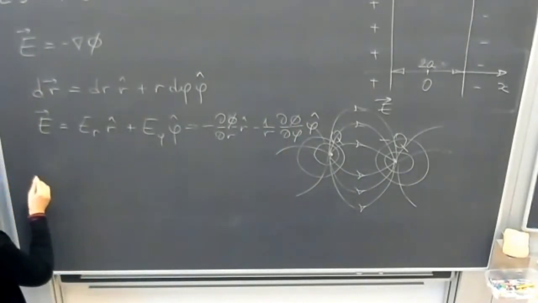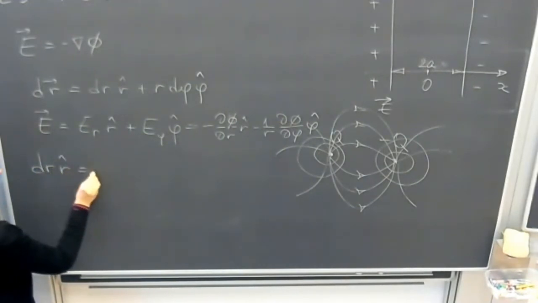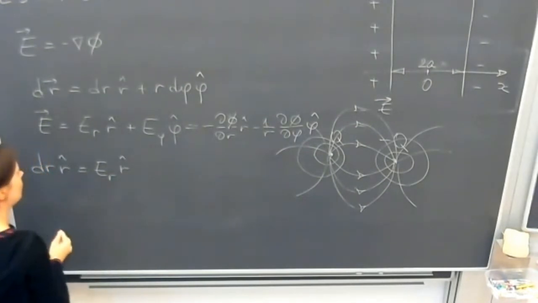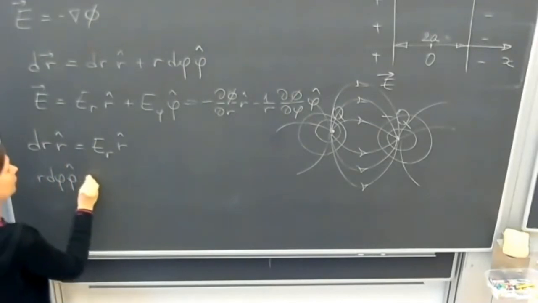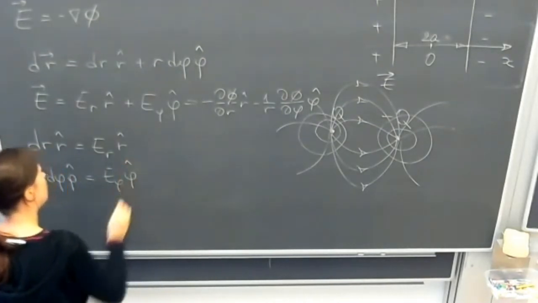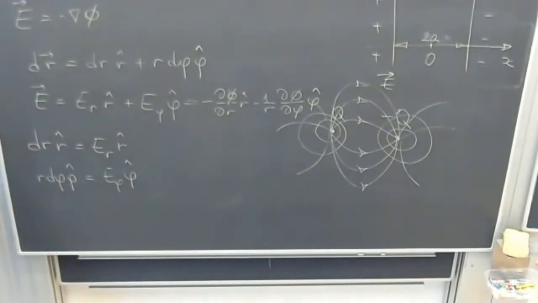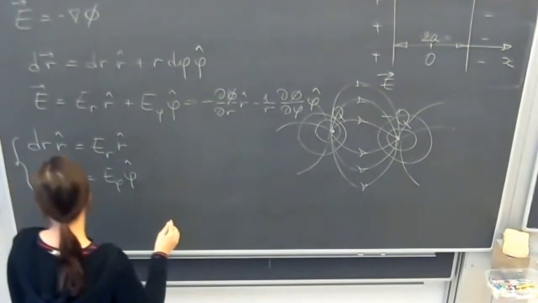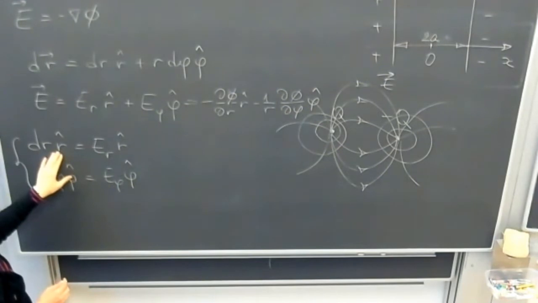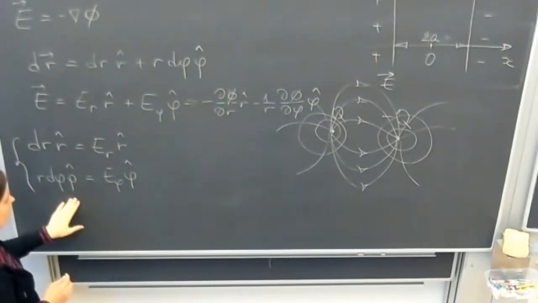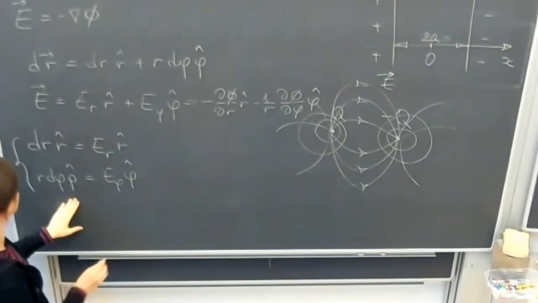So let's equate this for each component. And if we divide one by the other, we bring r to one side, and then the unit vectors will cancel.